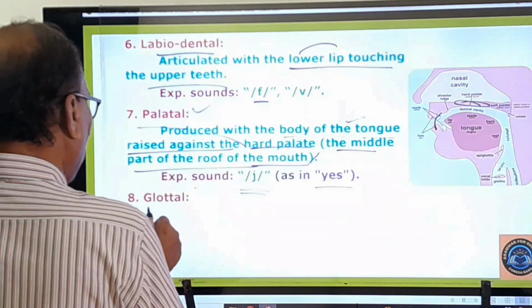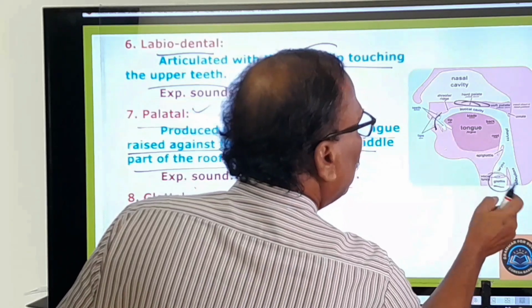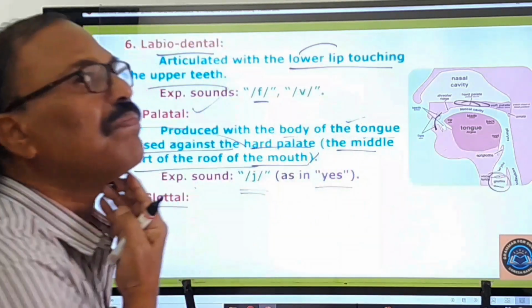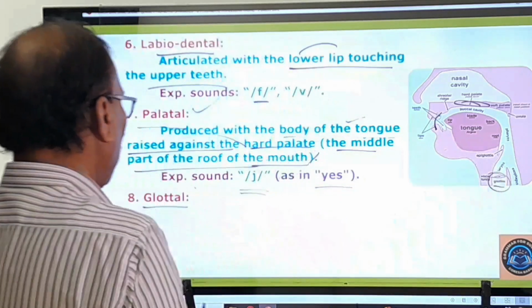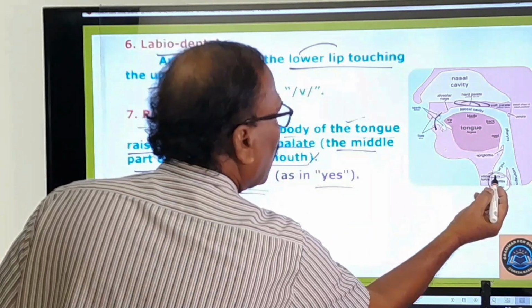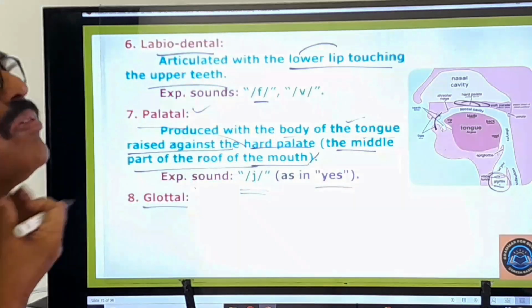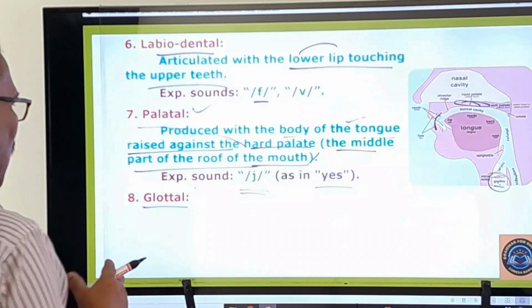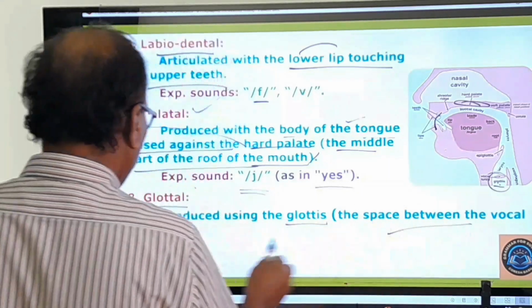And here glottal is there. Glottis means throat. This is the epiglottis. Glottis is there, glottal, vocal cords. These are the vocal cords, here in the throat, and this is called glottal. Glottis means the space between the vocal cords.